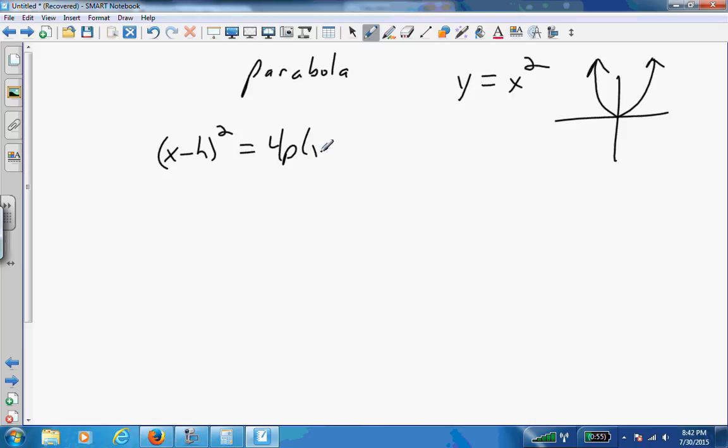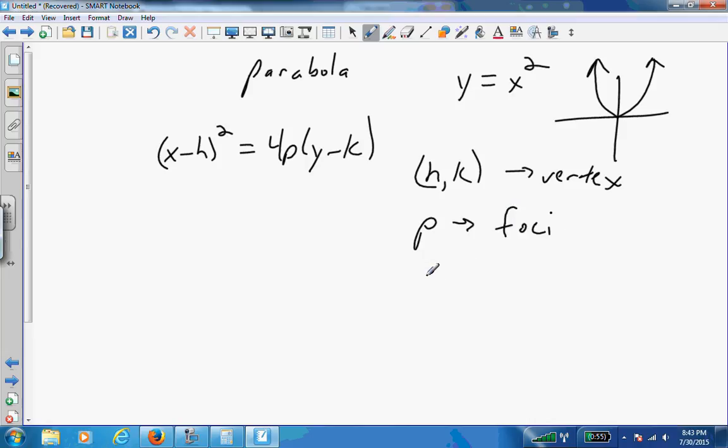x minus h squared equals 4p times y minus k, where (h, k) is the vertex. p tells us the distance to the focus and to a line referred to as the directrix, and those are measured from the vertex.